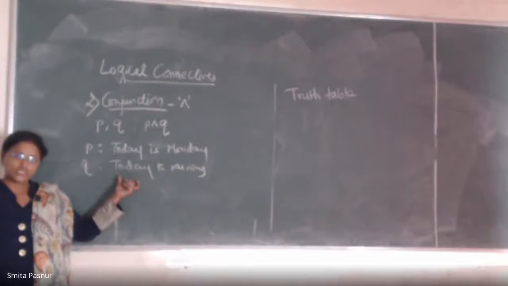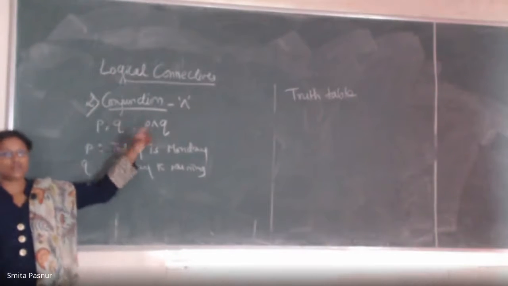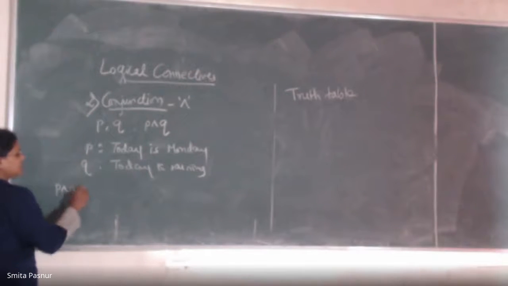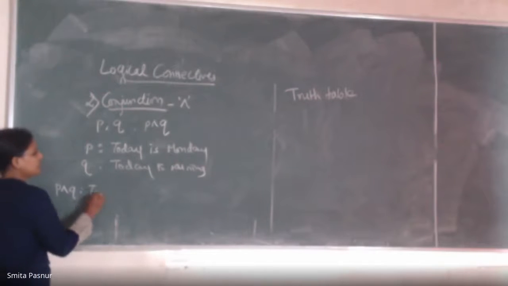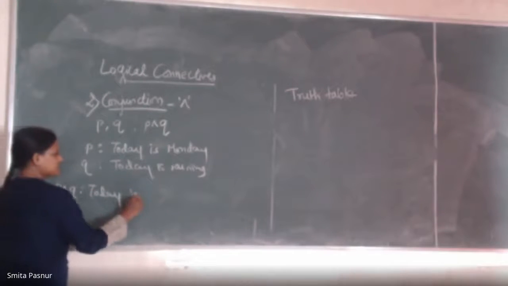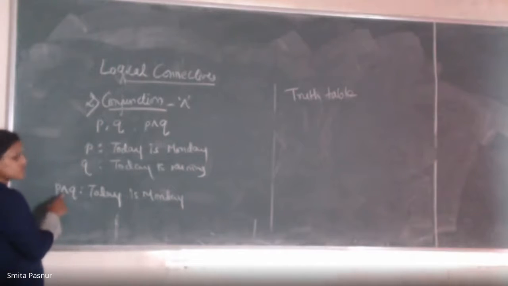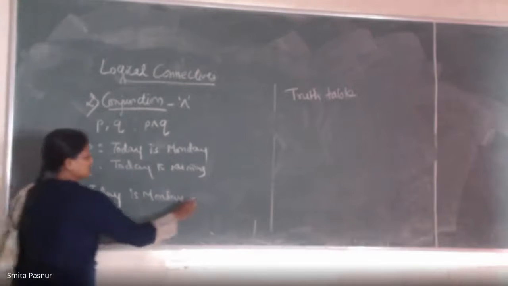Now by using conjunction, you have to combine these two statements by using the AND operator. Got it? So how you will write it? So I will get P and Q. So what is this? P and Q. So what I will write here? Today. See, first P is there, na? So first P statement only you should write. So today is Monday. Now after P what is there? And is there. So use and. So there I will write here and.